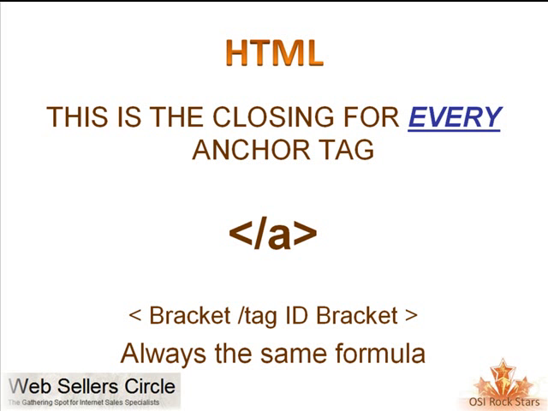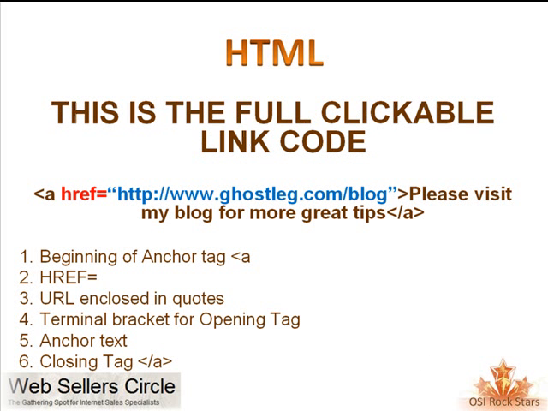But once you know how to write this tag, then you're all set. Every clickable tag is just going to have these 6 elements to it. You're going to have the beginning of your anchor tag. You're going to say href equals. You're going to have the quotes. You're going to put your URL within those quotes. Then you're going to have the closing part of that opening tag, and you never forget that.